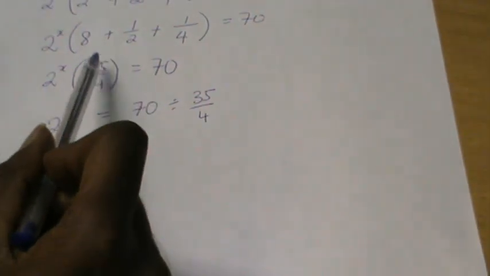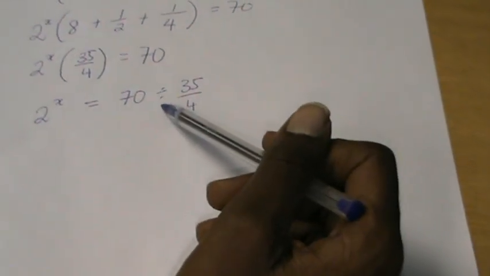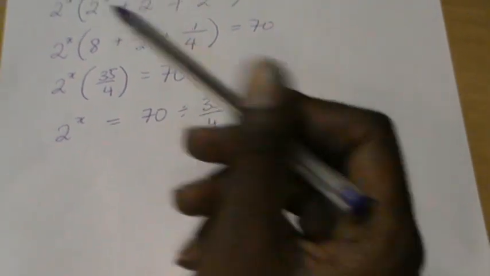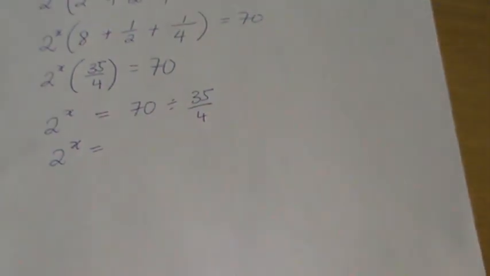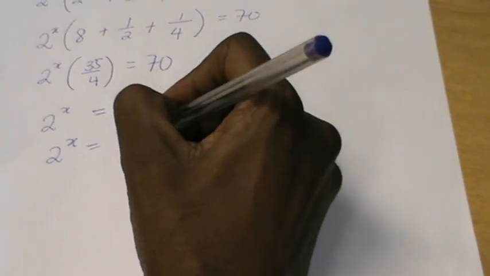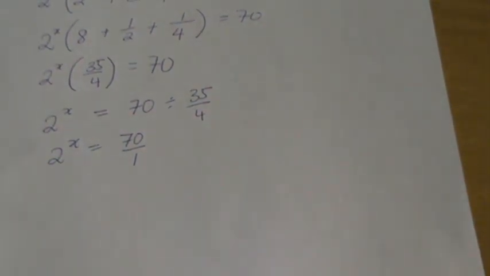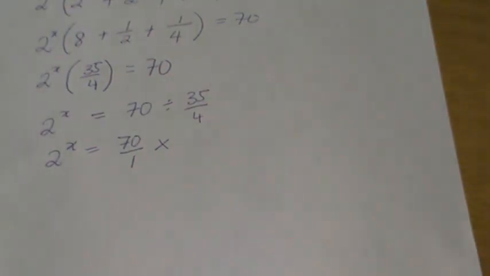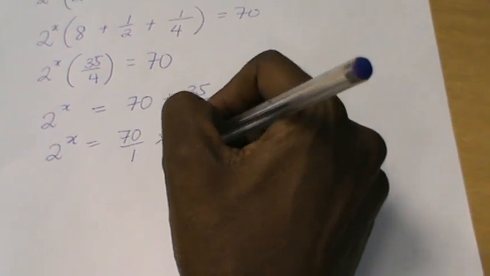So I've divided by 35 over 4 on both sides, and when I did that, it cancelled out. Now you know how to divide fractions. When we're dividing, it changes to multiplication, and then I write the reciprocal of that one. So I should have 2 to the power of x equal to 70. The first fraction stays as it is. 70 is just 70 over 1. I want it to look like a fraction. The division changes to multiplication, and then the reciprocal of this one is 4 over 35.